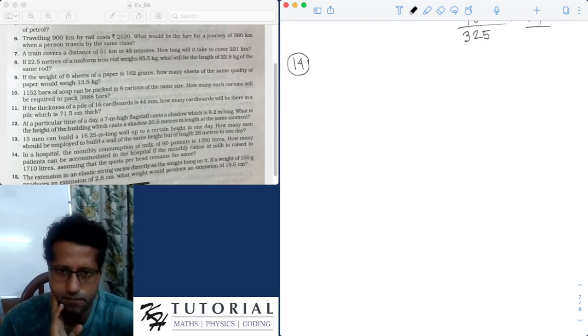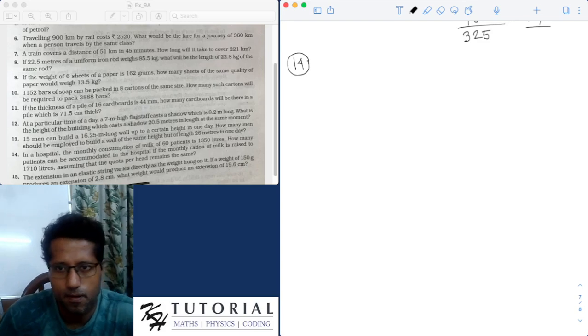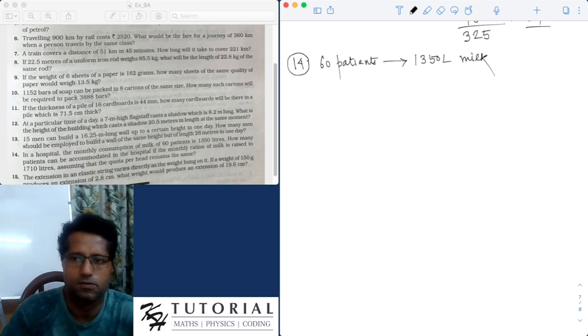Okay, so initially the fact given is that 60 patients were consuming 1350 liters of milk.